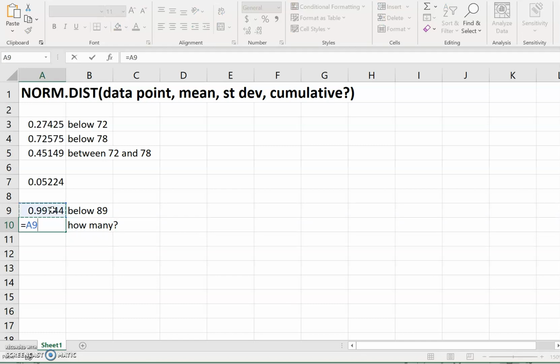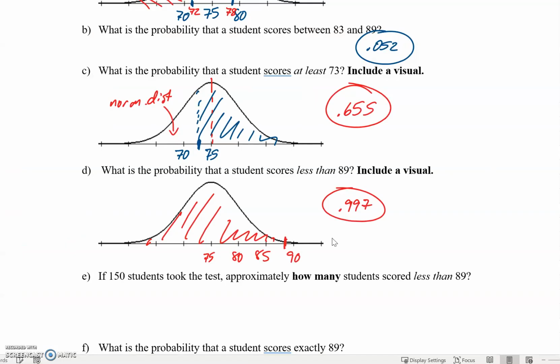Use the most exact thing you can. Multiply by 150. So basically 99.744% of that 150, and we get 149.617. Okay, so this is basically all of the students. If I round to the nearest student, that would be 150. So we would say all of them.